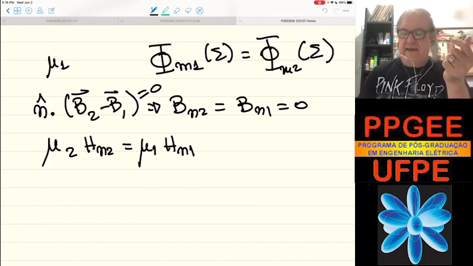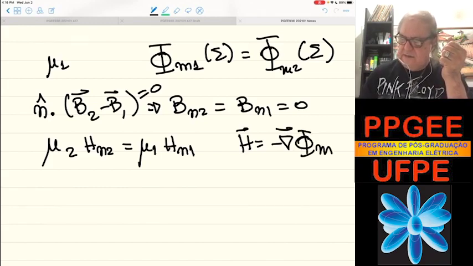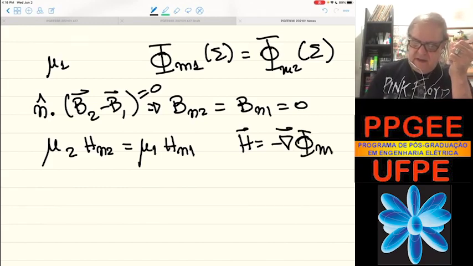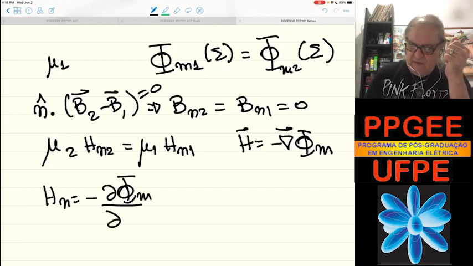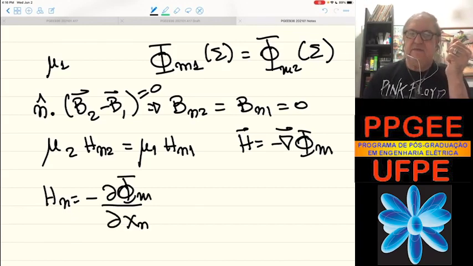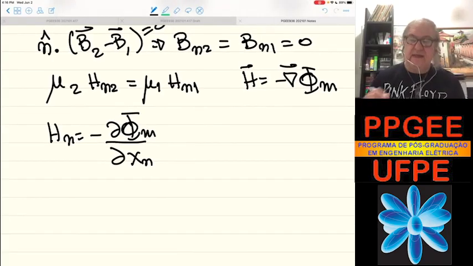And in turn, H equals minus the gradient of the magnetic potential. So the H normal equals minus the partial derivative of the potential with respect to the normal direction. So that's the second boundary condition we have to employ.